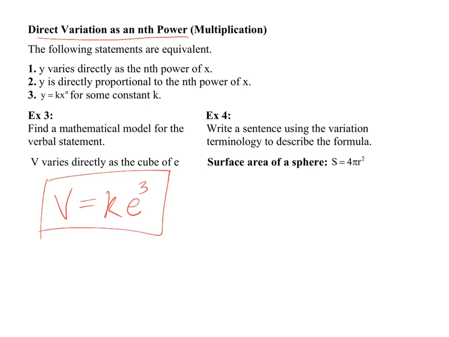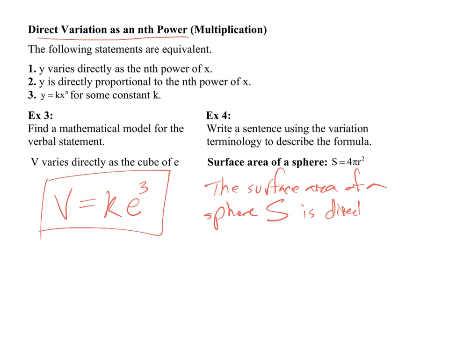Done with that. Example 4. Write a sentence using the variation terminology to describe the formula. So essentially we're going backwards here. S represents the surface area of a sphere. S, using the variable, is what? Let's use our statements.